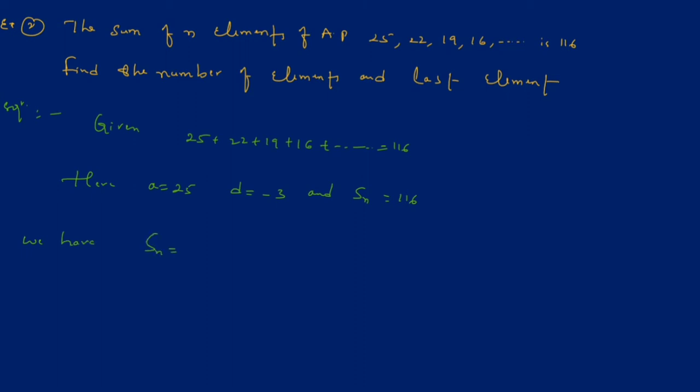Then we have the formula Sn, which is equals to n by 2 into 2a plus n minus 1 into d, right? So now substitute the values, 116 equals n upon 2 as it is, into 2 into a is 25, 25 into 2 is 50, plus n minus 1 into d, which is minus 3, right?